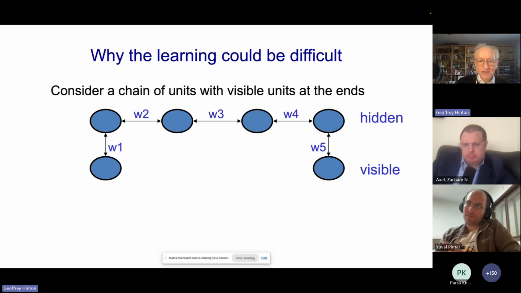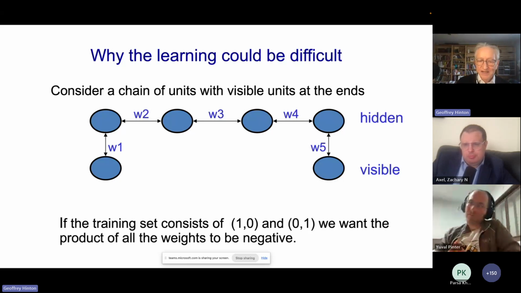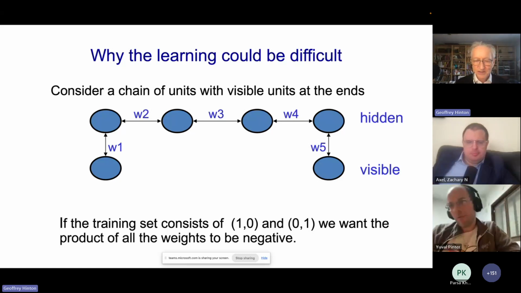Suppose I have training data that says that this network with 2 visible units should frequently have 1, 0 as the state of the visible units, and frequently have 0, 1, but only very rarely have 0, 0 or 1, 1.